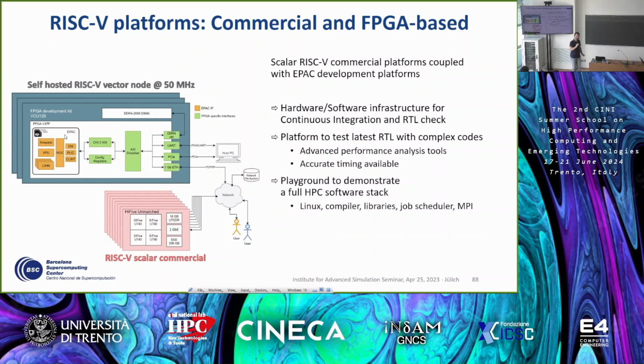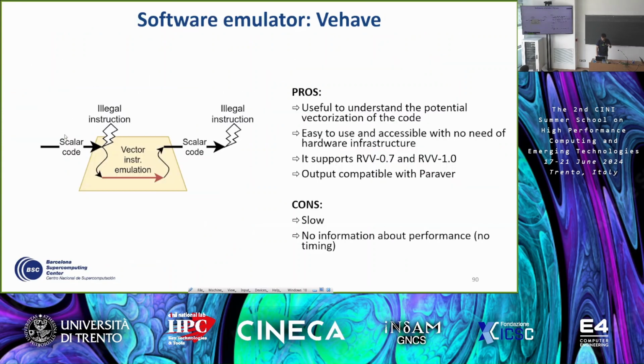Actually, if I want to be completely honest with you, we have another kind of emulation based on QEMU that allows you to emulate the building blocks, and it's way faster than this. So it's not a problem of having a fast emulation. The problem is that I want to understand how a vector code works with such large vectors. So let's look at the moon, not at the finger.